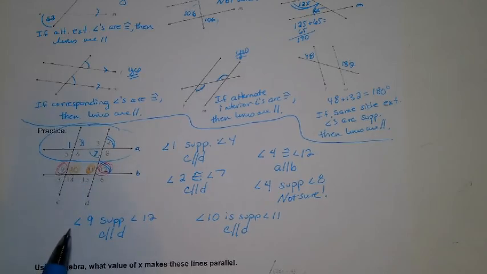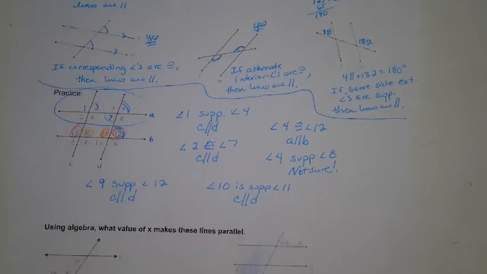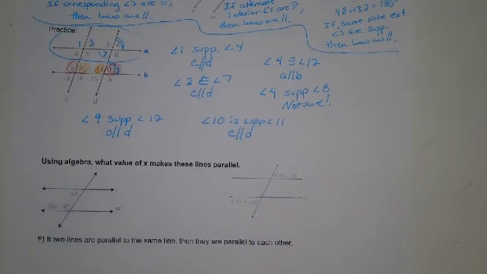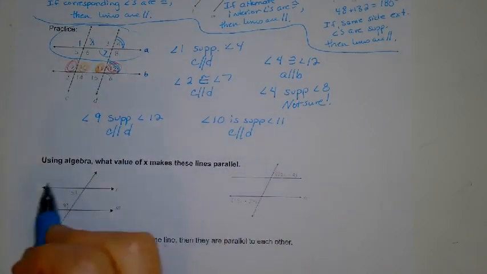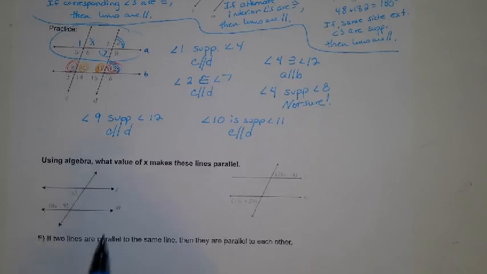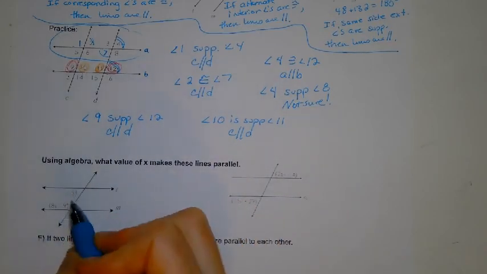Okay, so that's going to be your practice today, but let's just look at a few more ways that you could use this to prove lines are parallel. Using algebra, what value of x makes these lines parallel? In order for L and M to be parallel, we look at these two angles that were given, 53 and 8x minus 9. What kind of angles are these?